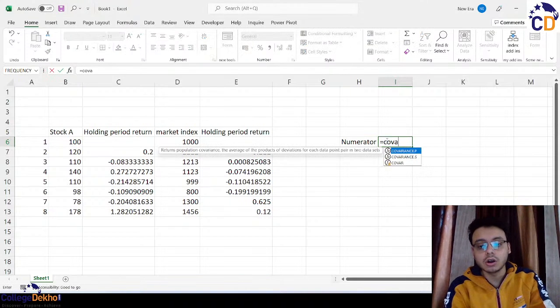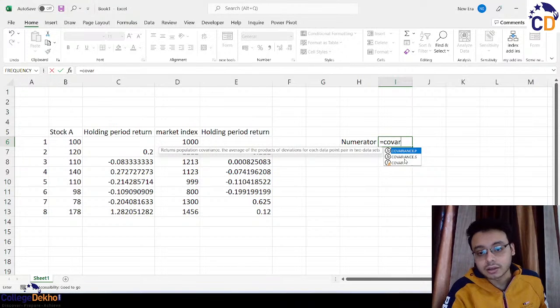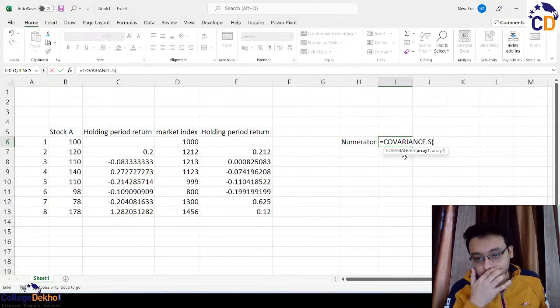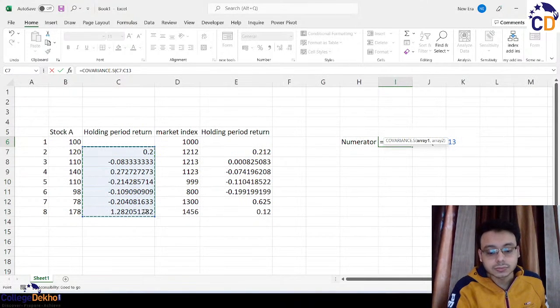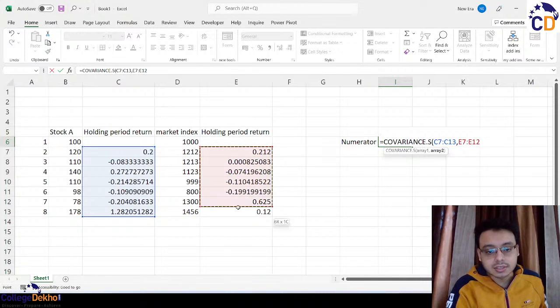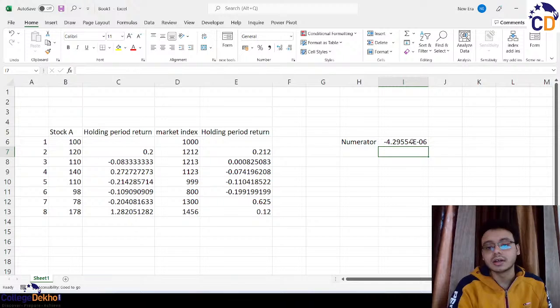We have a function called COVAR. Either you can use COVARIANCE.S or just COVAR, but use COVARIANCE.S because you're doing it for a sample. It says array 1 and array 2. Our array 1 is this return, comma, our array 2 is this return. Once we close it, we have the value of the numerator.